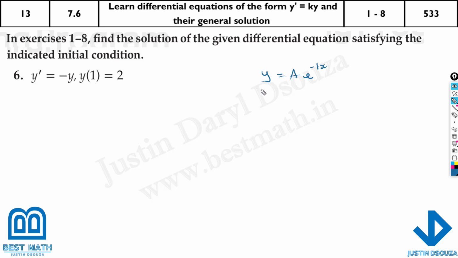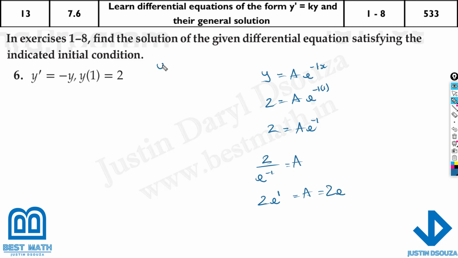But now we need to substitute and find. So here 2 will be equal to a e to the power minus 1 times 1. So that is equal to a e to the power minus 1. That's 2. Let's take it to the other side. It will be 2 e to the power minus 1 equals a. But what happens to e to the power minus 1 in the numerator? Bring it up. It's going to be positive 1, or that's just 2e. That's it.